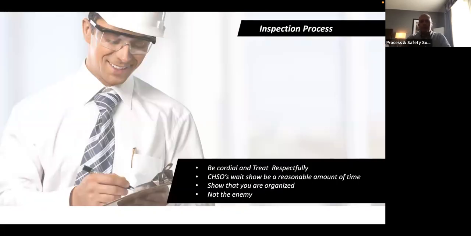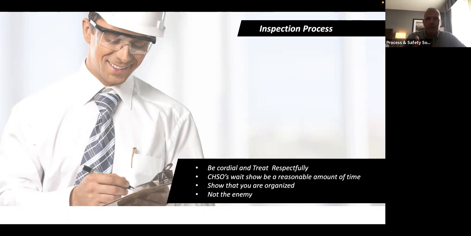Well, first of all, the inspection process. Things to always remember are to be cordial and treat people respectfully. The last thing we want to do is upset a compliance officer, and it doesn't matter which regulatory agency is involved: being cordial, being kind, being respectful is the first order of business.